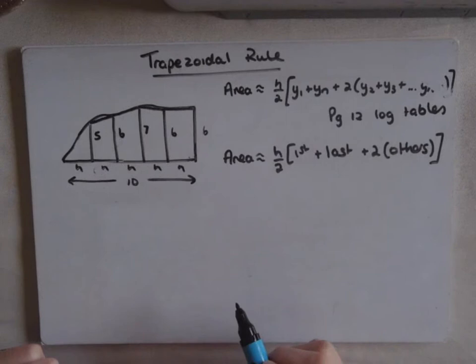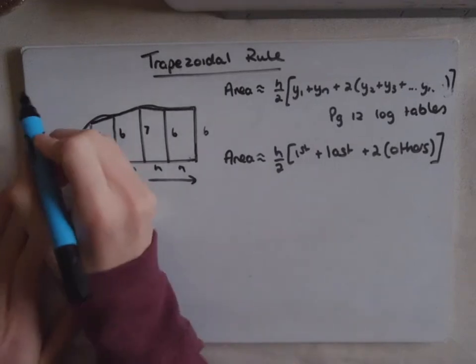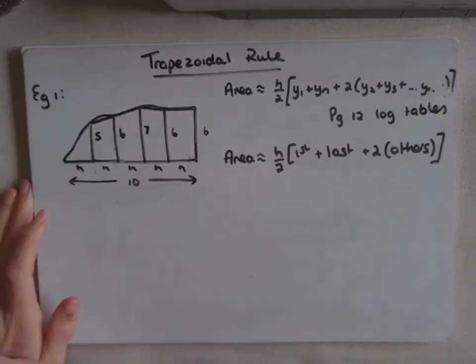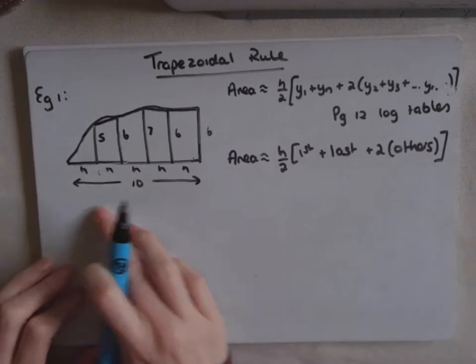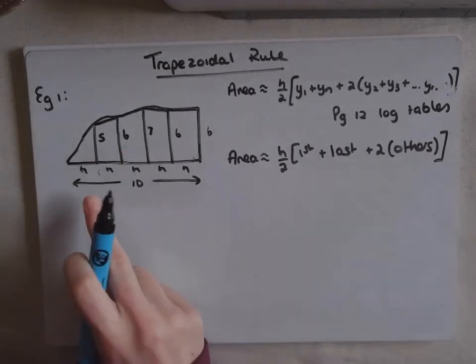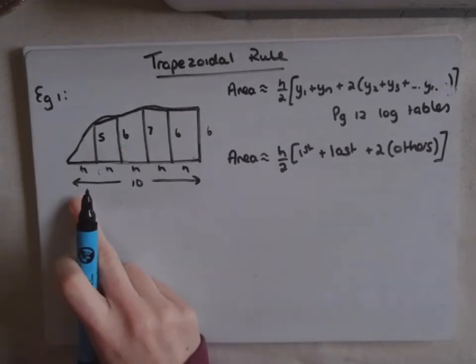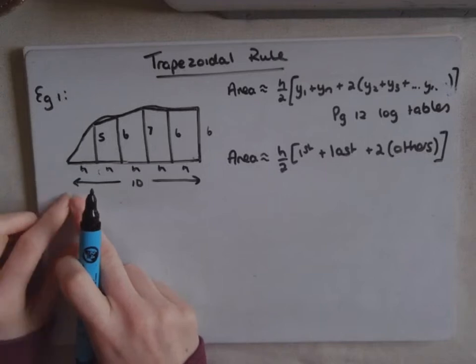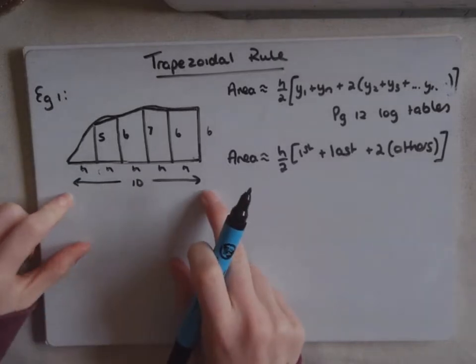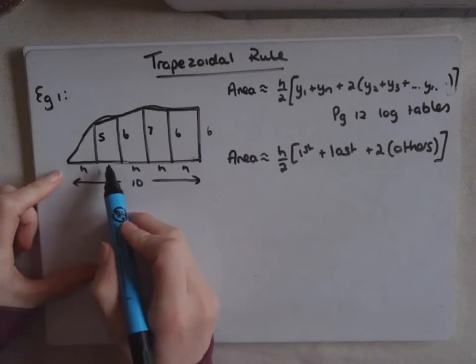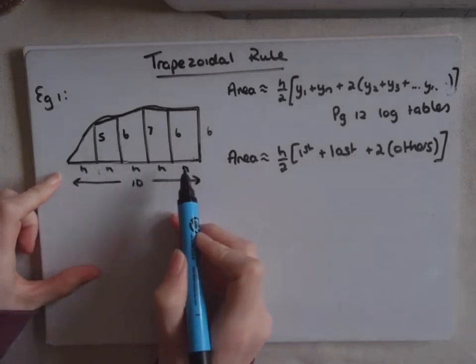So if this is example 1, we have this shape here. They've given us the measurements, and they've given us that this whole thing is 10, and it's divided into 1, 2, 3, 4, 5 equal segments. So each one of these h's must be 2.